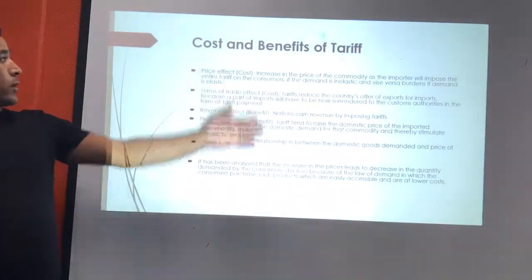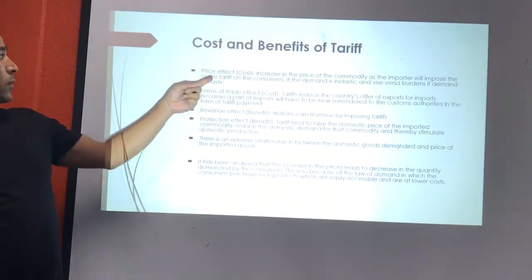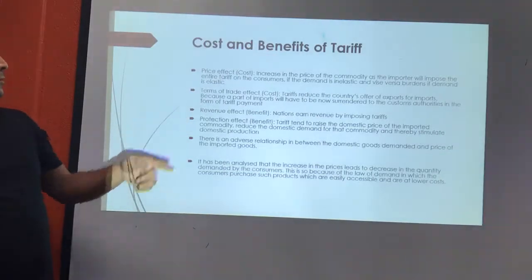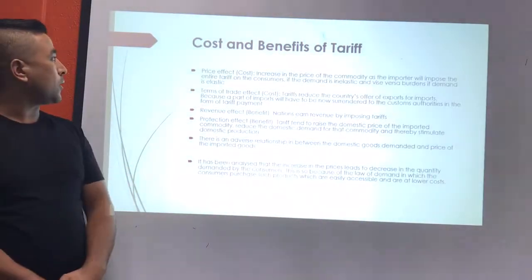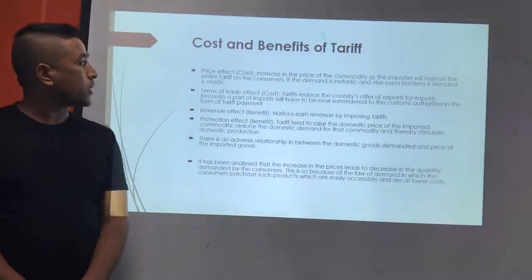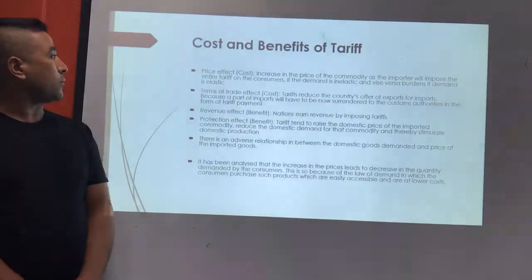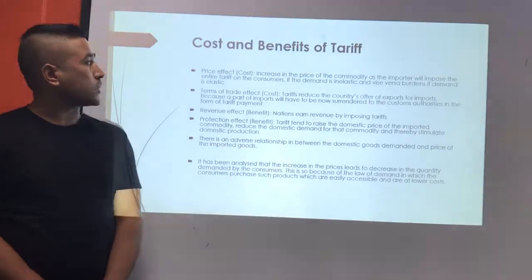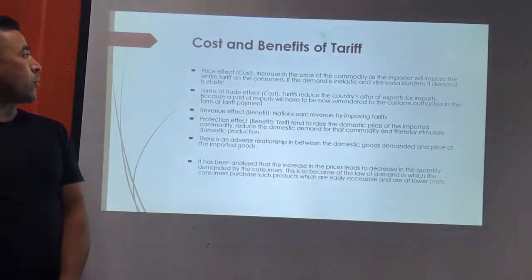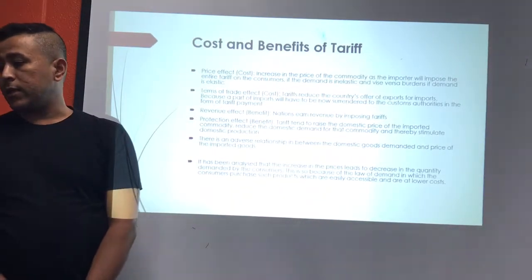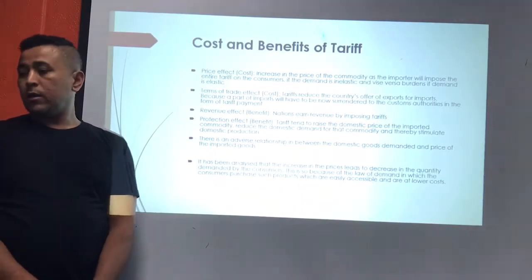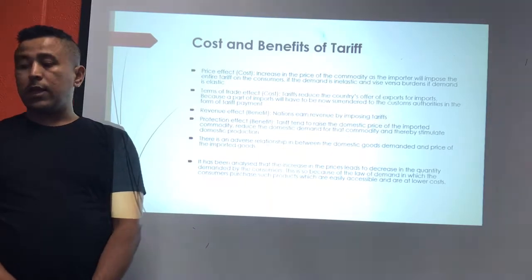The costs and benefits of tariffs: the price effect comes under the cost, and the terms of trade effect also comes under the cost, and I would like to describe those briefly. Under the price effect, there is an increase in the price of the commodity, as the importer will impose the entire tariff on the customers if the demand is inelastic, and vice versa, burdens if demand is elastic.